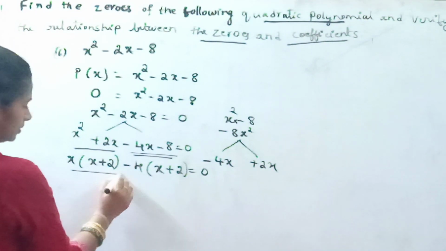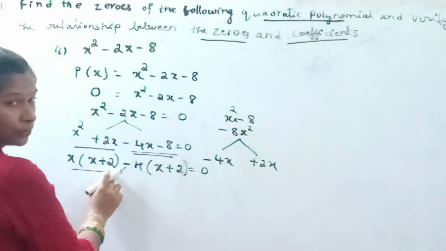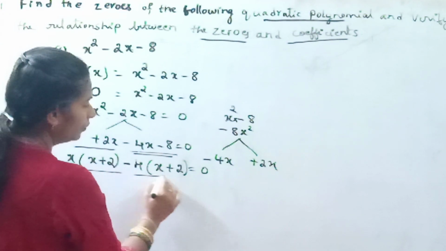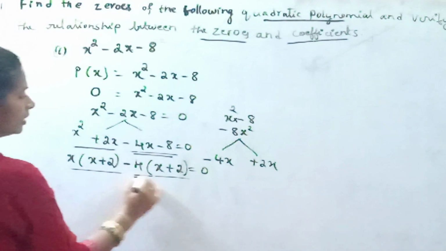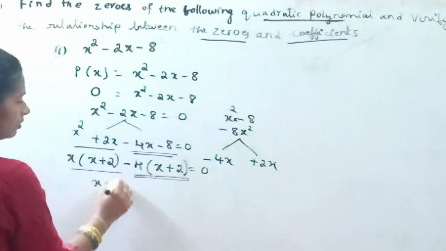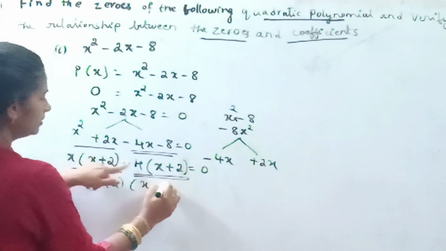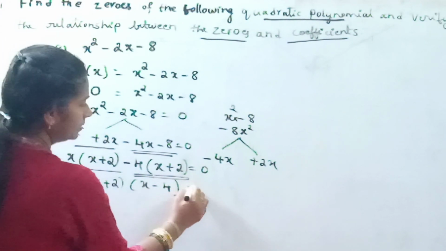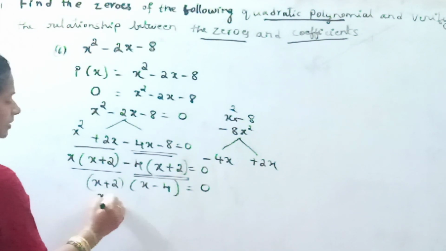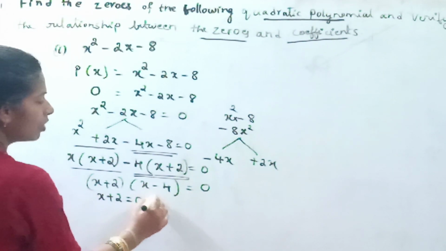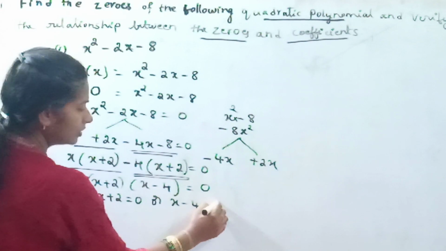So now x into x plus 2 as one group and minus 4 into x plus 2 as another group. In these two groups, you take x plus 2 as common, and x minus 4 as it is, is equal to 0. So apply zero product rule. That is x plus 2 is equal to 0 or x minus 4 is equal to 0.